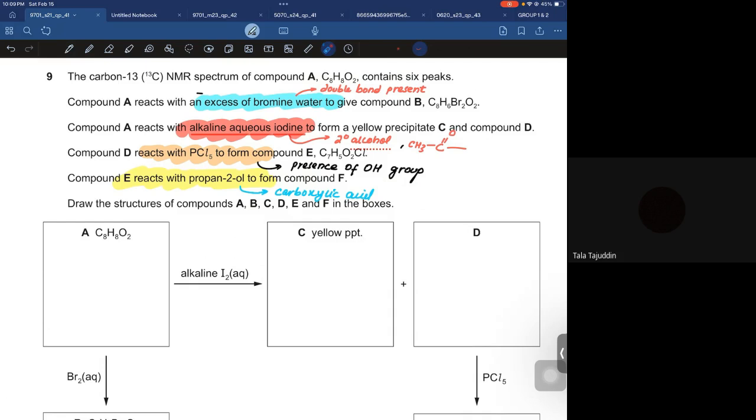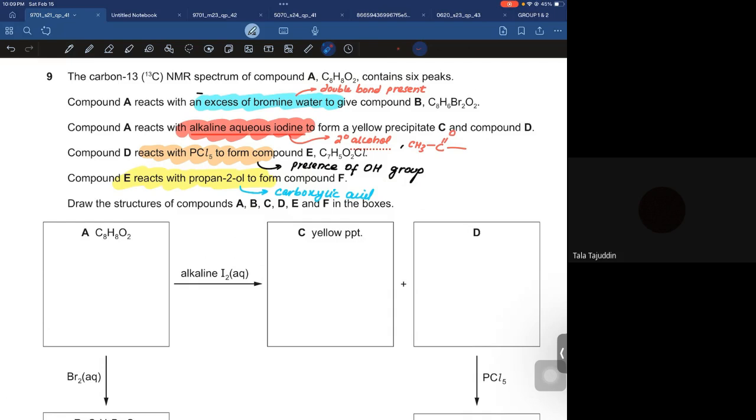But if it were an alkane, it must have double the hydrogens compared to the carbons. But it has only 8. The number of carbons is equal to the number of hydrogens.